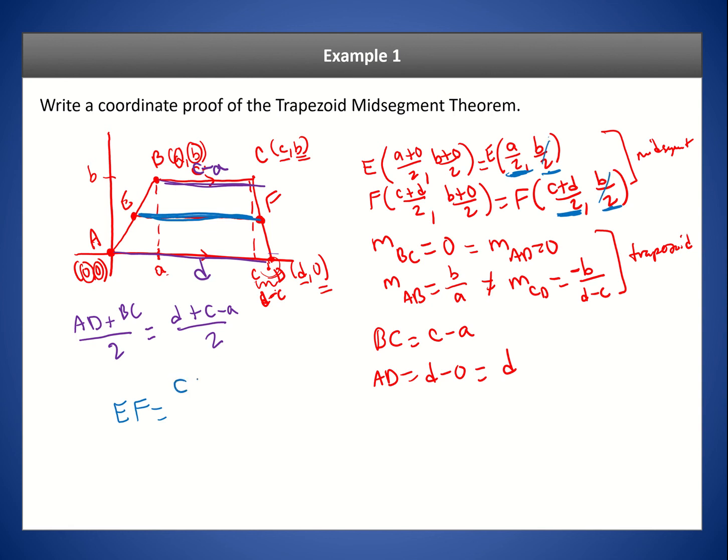You just got to subtract them. C plus D over 2 minus A over 2. And if you remember, when you subtract a fraction, you have to have a common denominator, and we do. So the common denominator is 2, and then just subtract the numerator. So we got C plus D minus A. Now let's compare that to this.